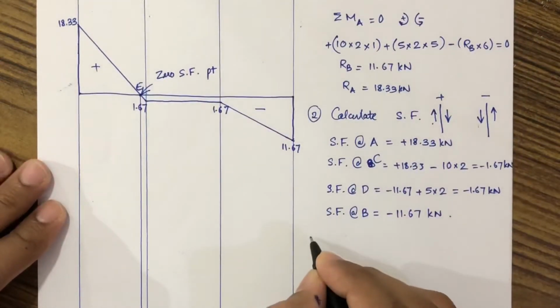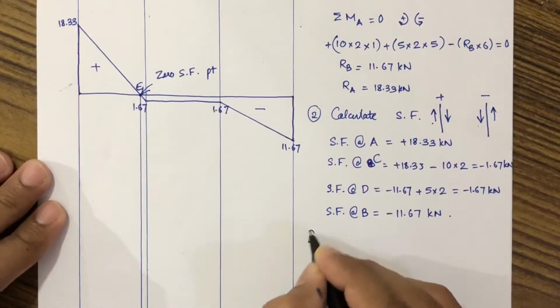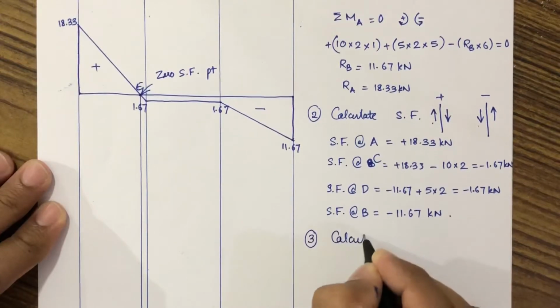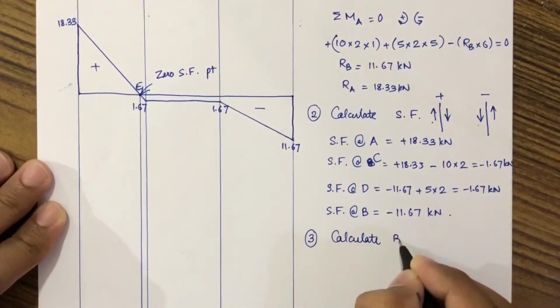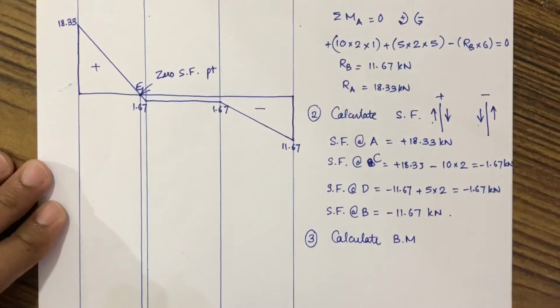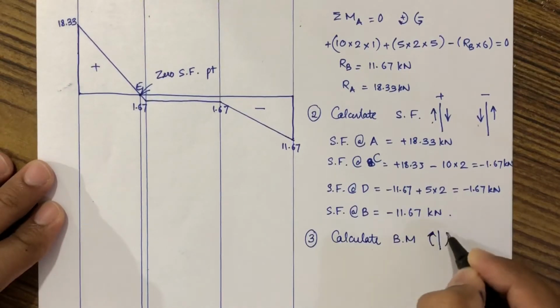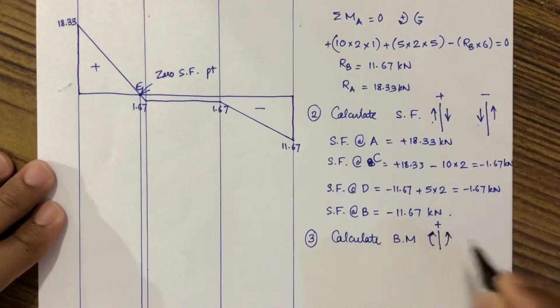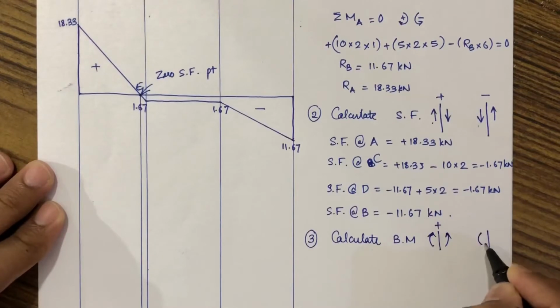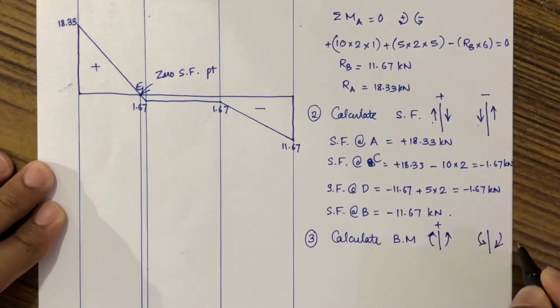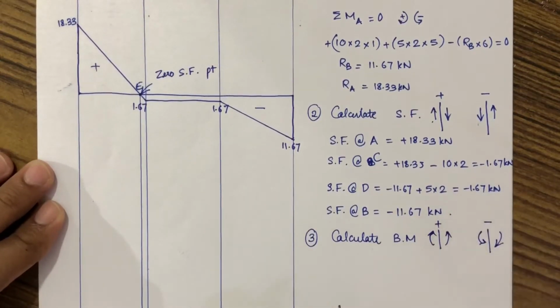Now next step is to calculate bending moment. Now in order to calculate the bending moment, we need to know the sign conventions. Now, what was the sign convention for bending moment? If the moments are going like this, it has to be taken plus. If the moments are like this, it has to be taken minus.